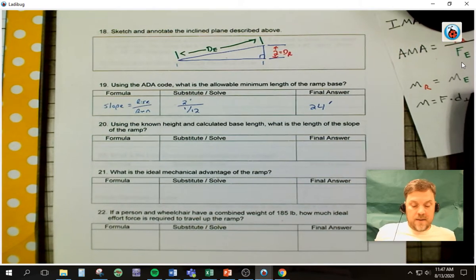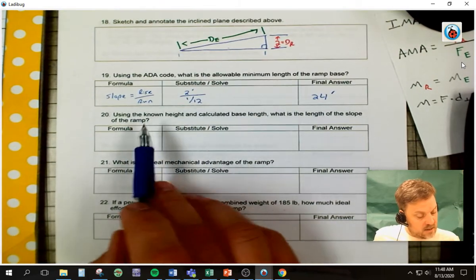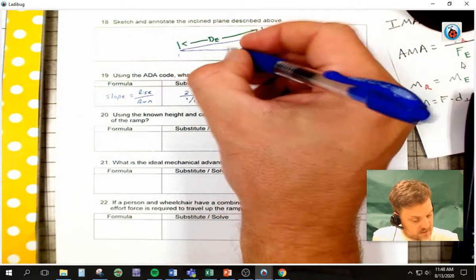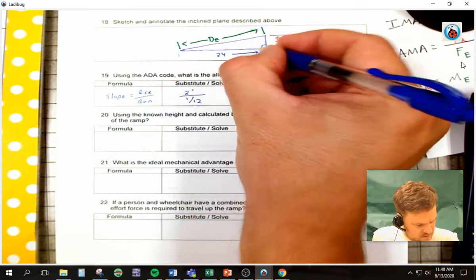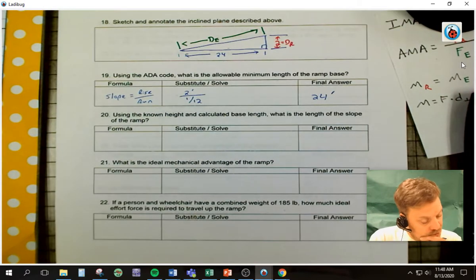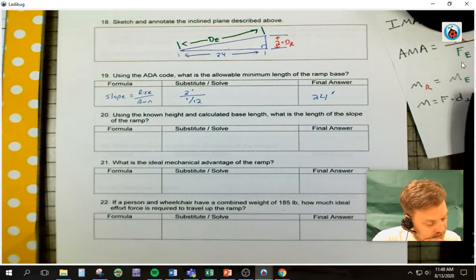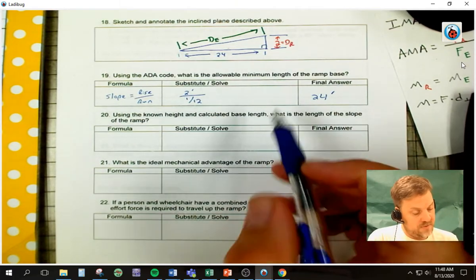Now I can keep cruising here, and I can go back and label that real quick, so I will. We know we got to have at least 24 feet. Using the known height and calculated base length, what is the length of the slope of the ramp?